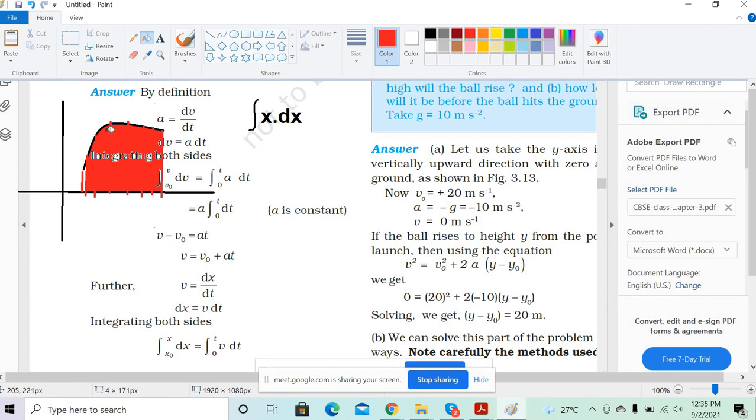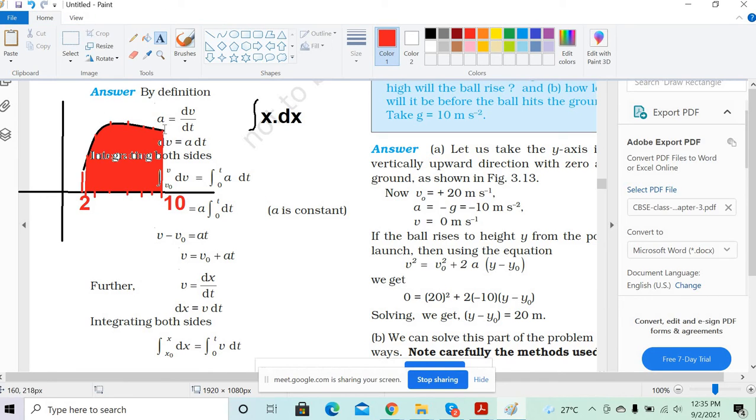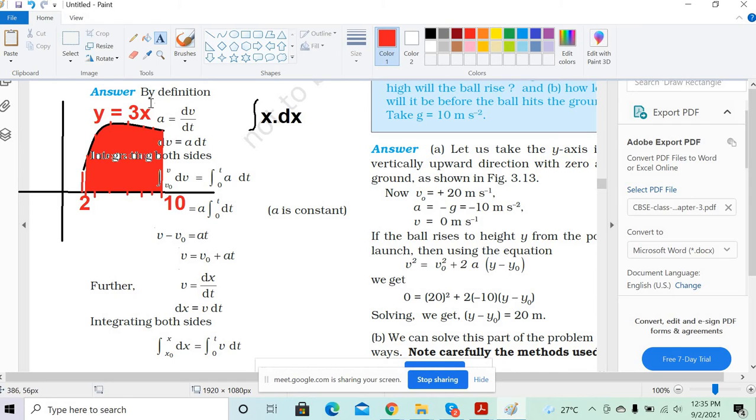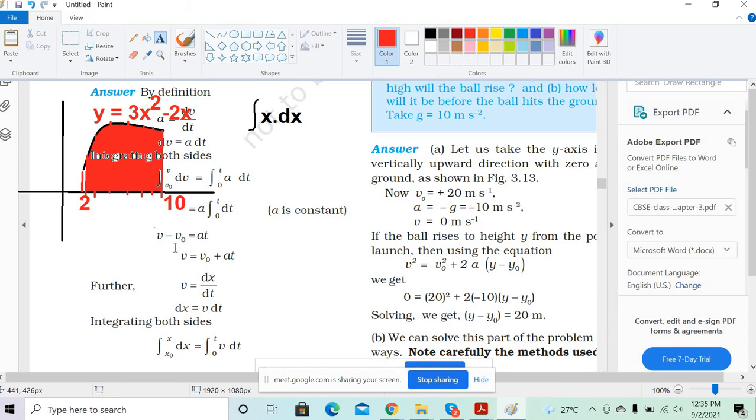Basically, if you know the equation of the curve, then we can just integrate from the point on the x-axis, let's say 2, to this part, 10. If you know the curve is y equal to, let's say, 3x square minus 2x, this is the equation of the curve, then we can just integrate this.